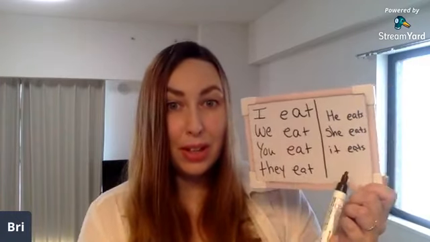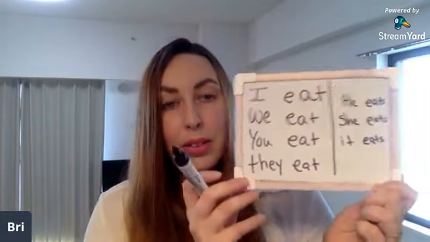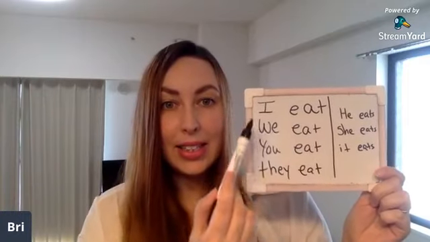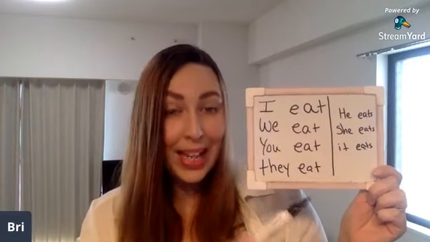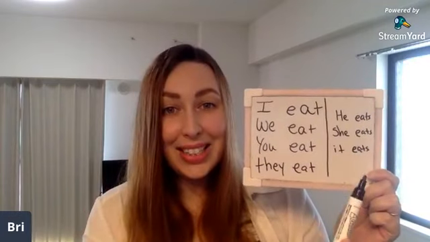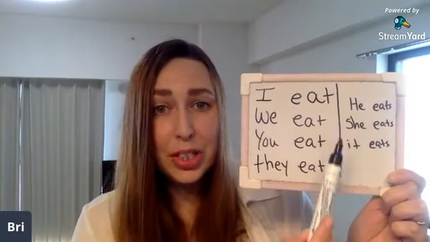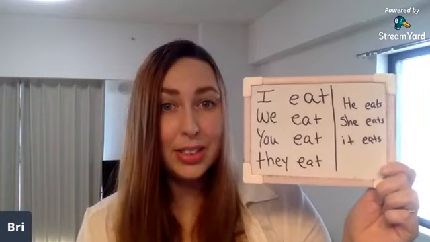So then it should belong to both categories. So I would suggest that you memorize it as this is the regular form, I, we, you, they, and then he, she, it is the exception, okay? So just remember that these three are different. These are kind of special, okay?